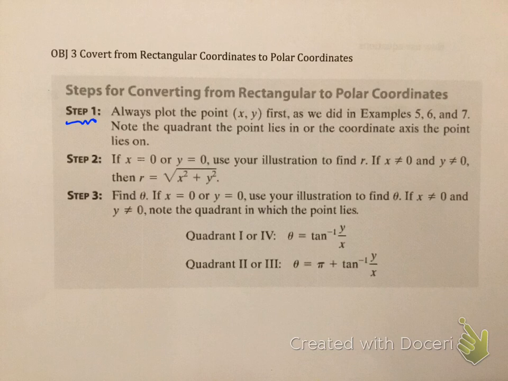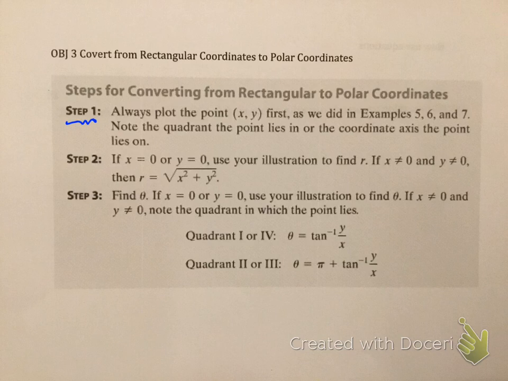If x equals 0 or y equals 0, use your illustration to find r. So how do I find r? It equals the square root of x squared plus y squared. And by the way, this comes out of Pythagorean theorem. So remember, c squared equals a squared plus b squared. So it's the same thing because you're finding the radius.